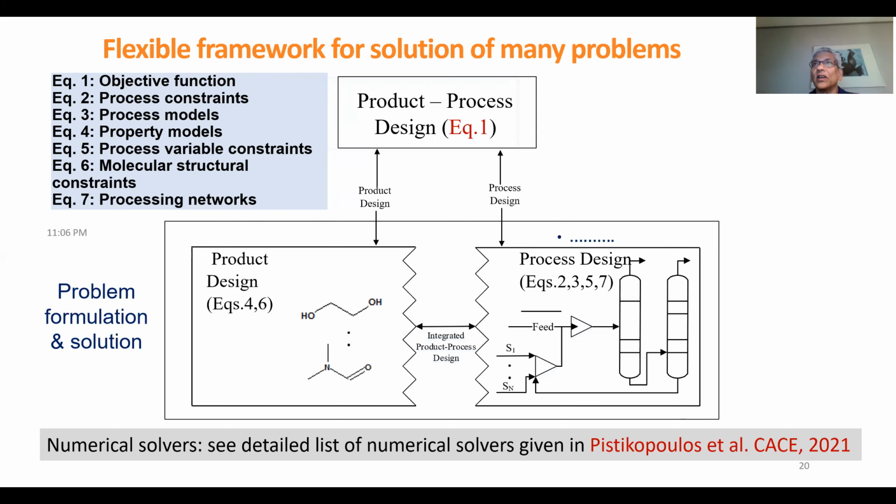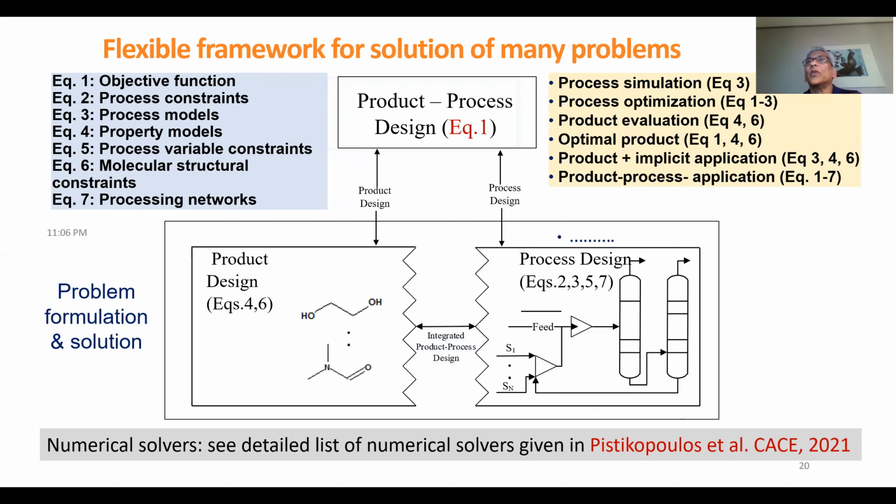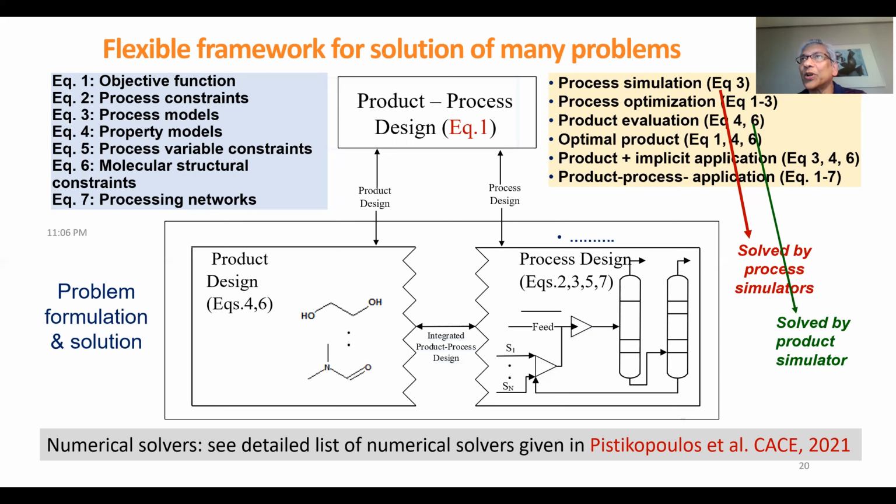So then let's see, if we want to do process simulation, it's just equation 3. If we want to do process optimization, we also include equations 1 and 2. If we want to do product evaluation, just similar to process simulation, it is 4 and 6.